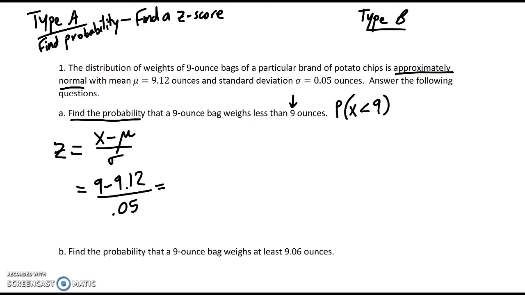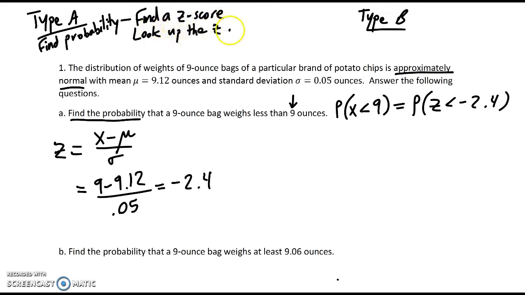So anyway, a quick type in that calculator, 9 minus 9.12, and then divide that by 0.05. You get a z-score of negative 2.4. So really what this question is asking is, not only is probability x less than 9, we're really trying to find what's the probability that I get a z-score less than negative 2.4. Okay? That's really what we're trying to find. Once you find a z-score, you're going to look up the z-score on the table.